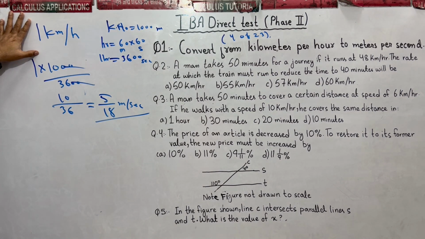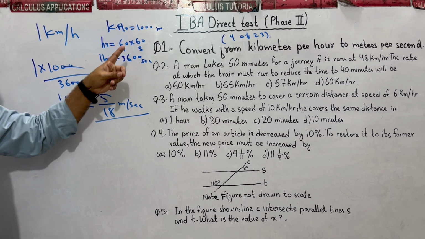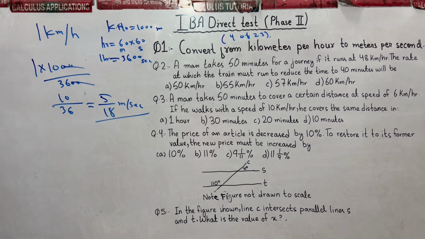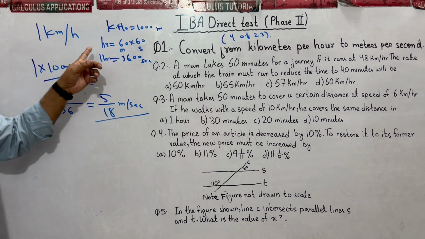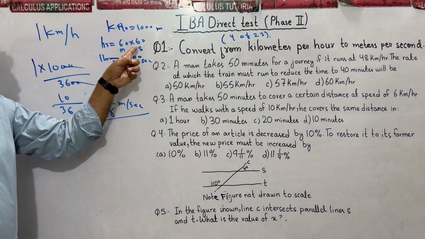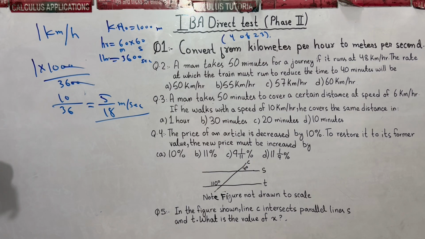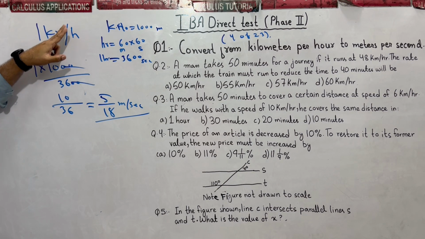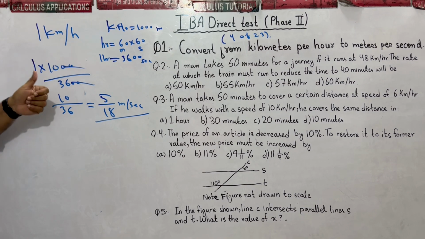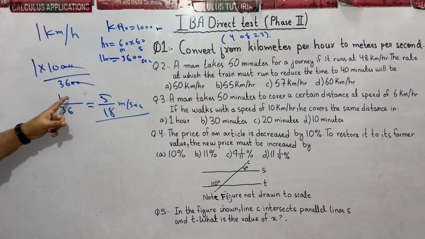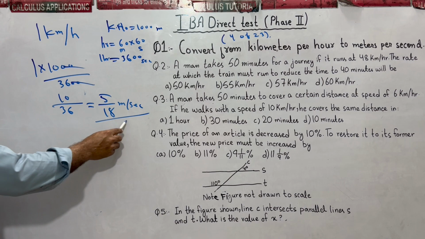How to convert from kilometer per hour to meter per second? 1 kilometer is equal to 1000 meters. Kilo stands for 1000, while an hour comprises 60 minutes and each minute consists of 60 seconds. So 60 into 60, 3600. 1 multiplied by 1000 divided by 60 into 60 or 3600.